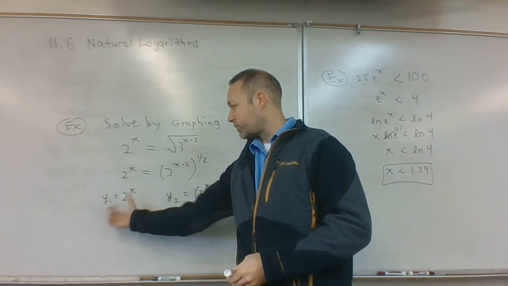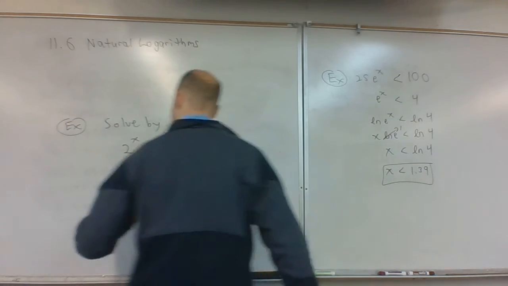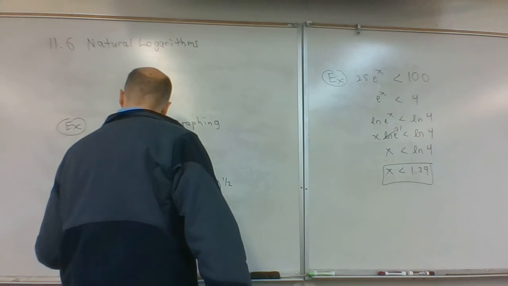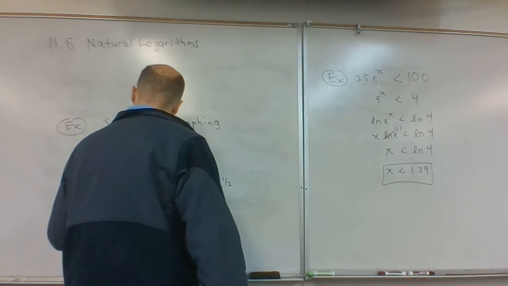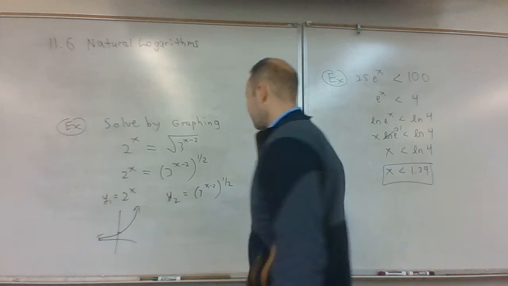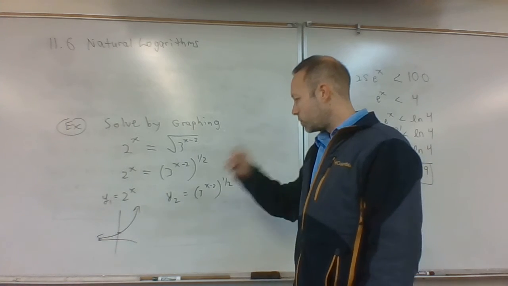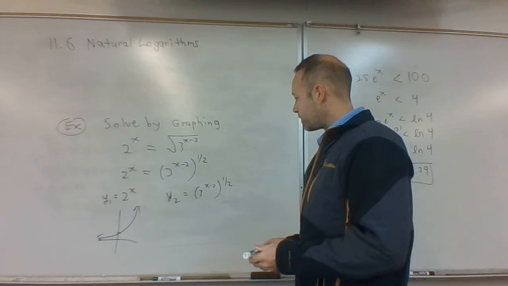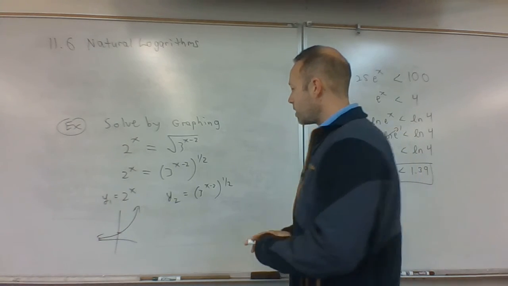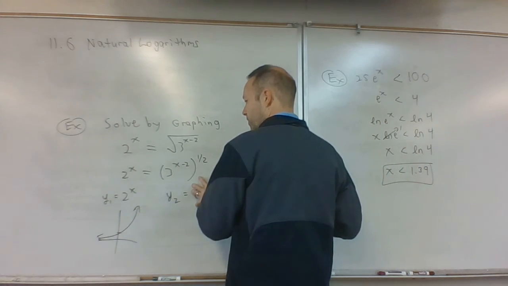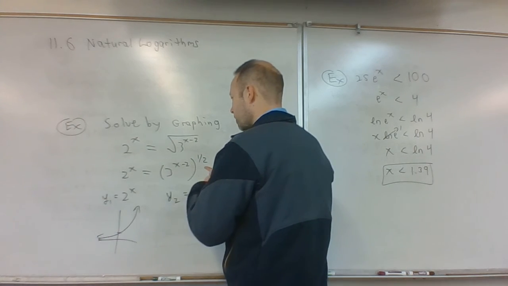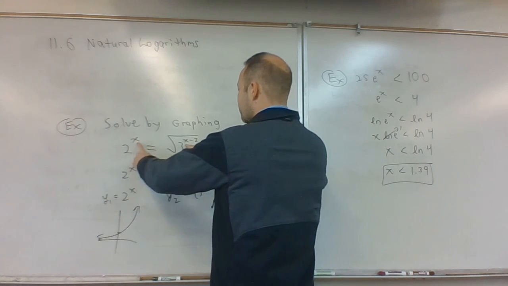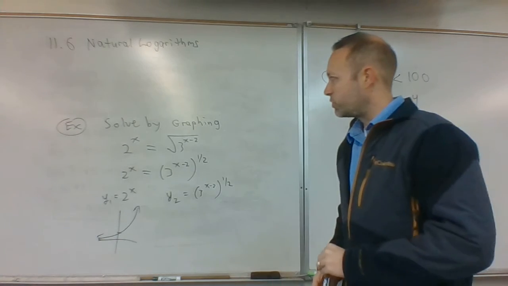You know what 2 to the x looks like; that's your parent function of exponential, something roughly like that. Then graph y2, and where the graph of this and the graph of this intersect each other is the value of x that will make your original expression true.